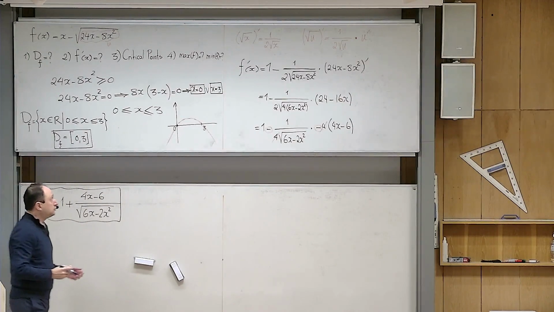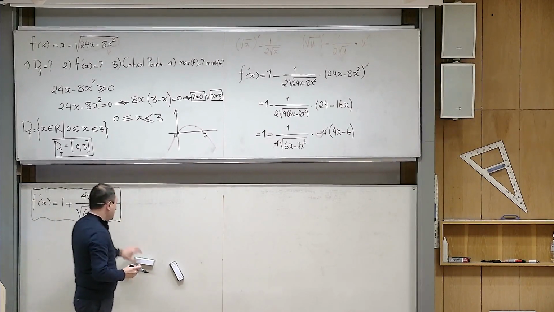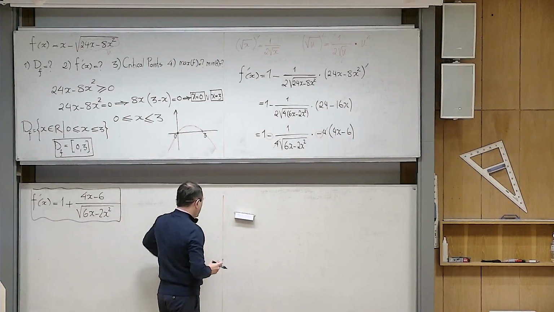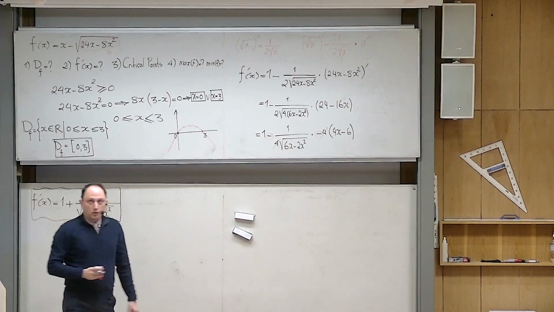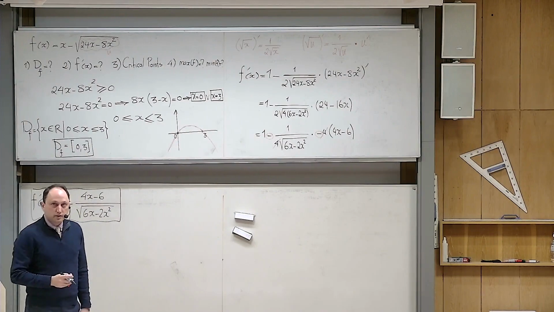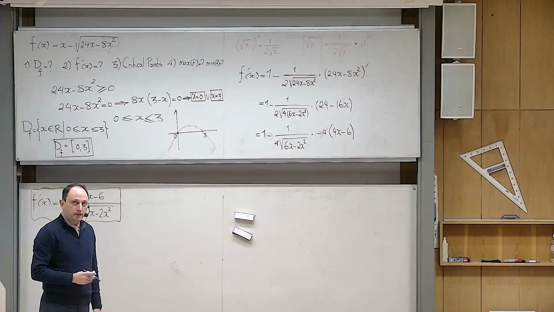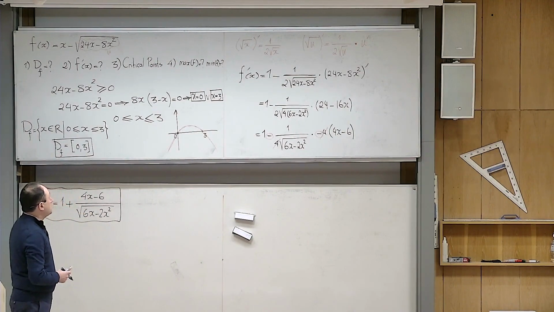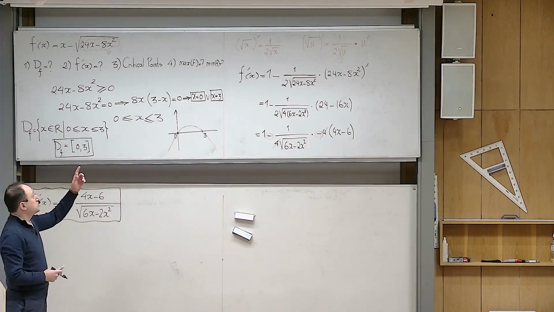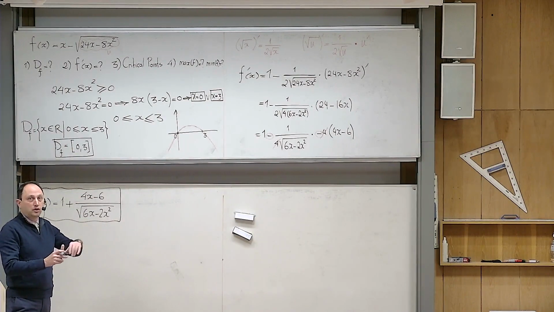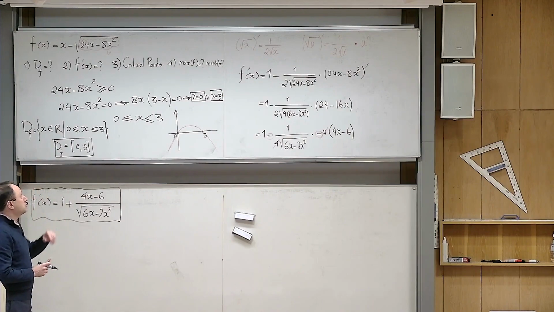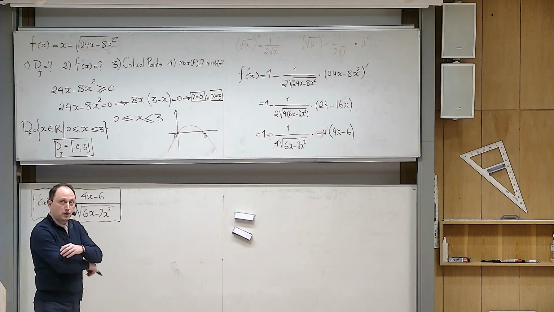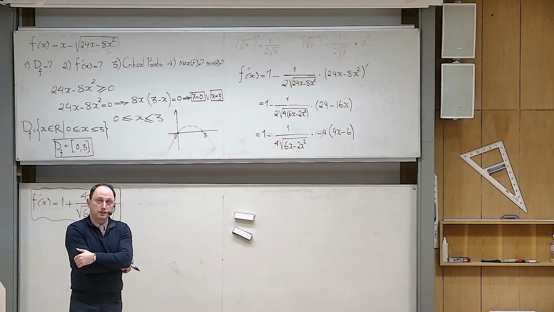Okay, now for the third part of the problem, I am supposed to find the critical points. So what is the definition of the critical points? I'm following the course book, Calculus: A Complete Course, written by Robert Adams. In the book, the critical points and singular points are actually defined differently. So the critical points are those points at which the derivative of the function is 0, the first condition.